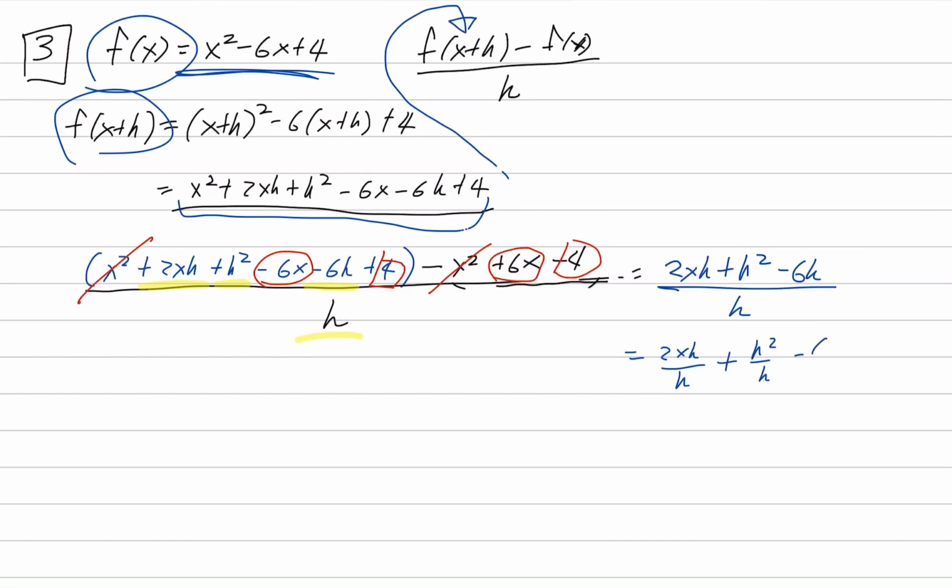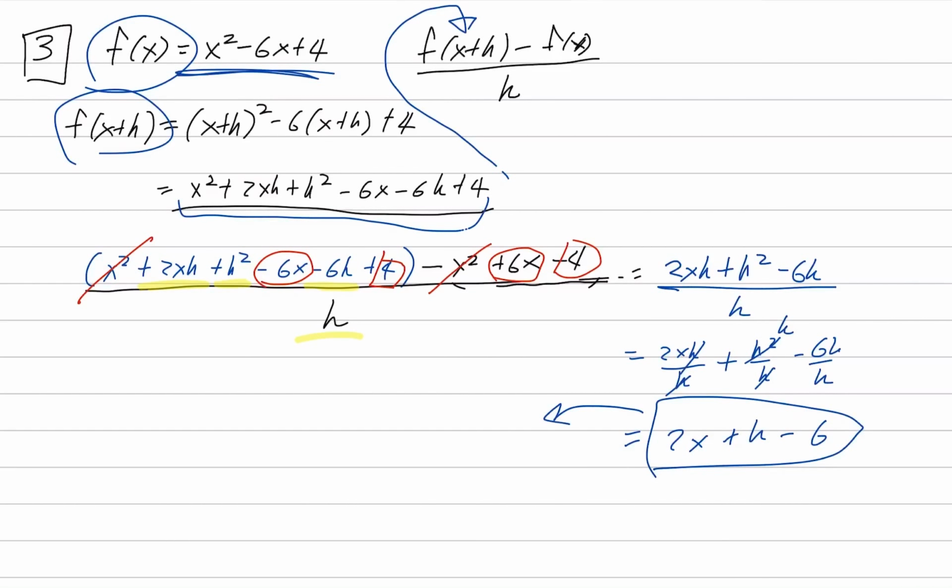So that's one way to think about it. Then this h cancels out with 2x, 1h cancels out, plus h minus 6. So this is the difference quotient of this function. And again, this represents average rate of change. So this is also the average rate of change function.